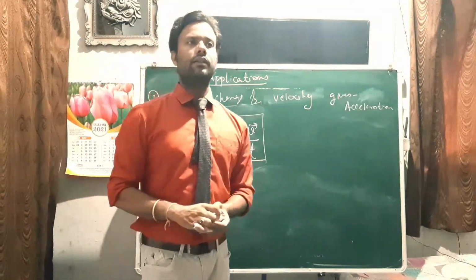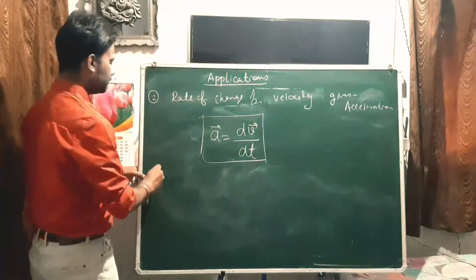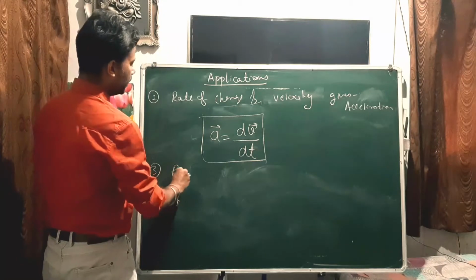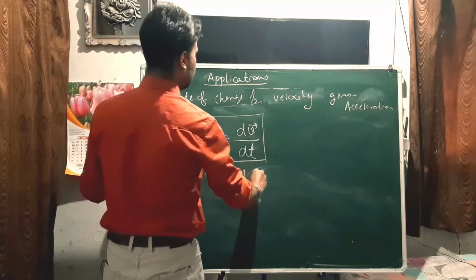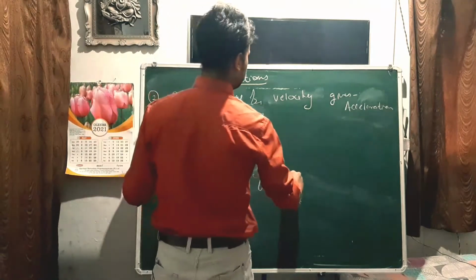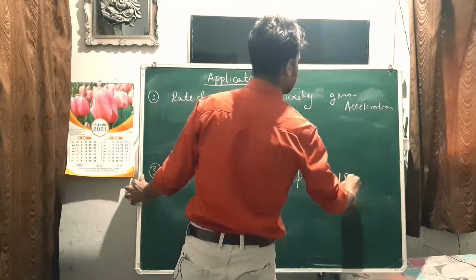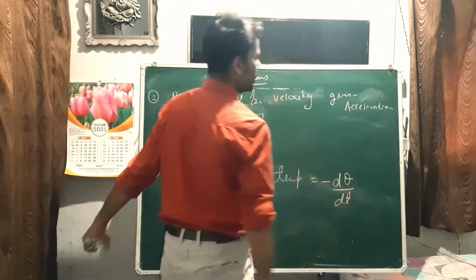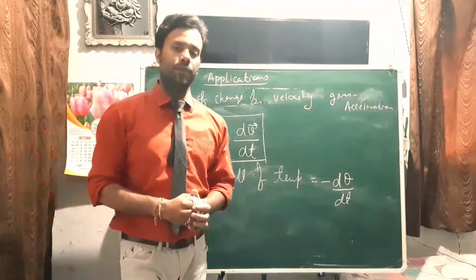We can find the rate of fall of temperature. Let's say the rate of fall of temperature will be minus d theta upon dt. Now here you can see the sign is minus d theta by dt. What does it mean?